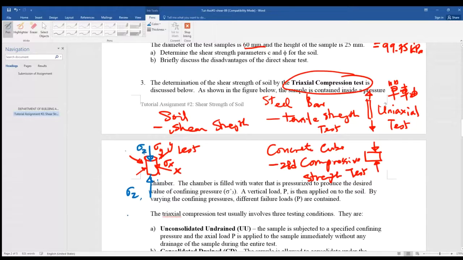Sigma Z until it fails. So the specimen will fail looking like that.